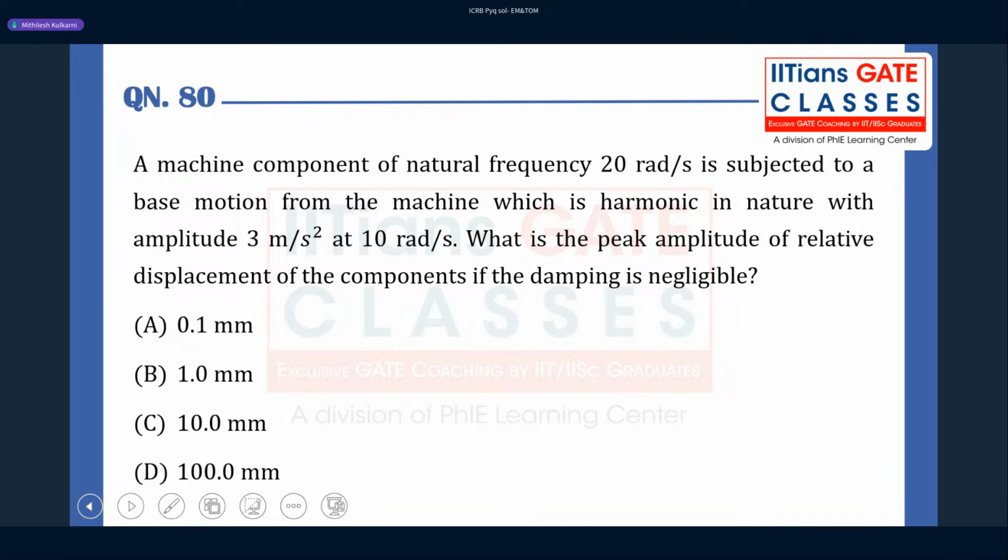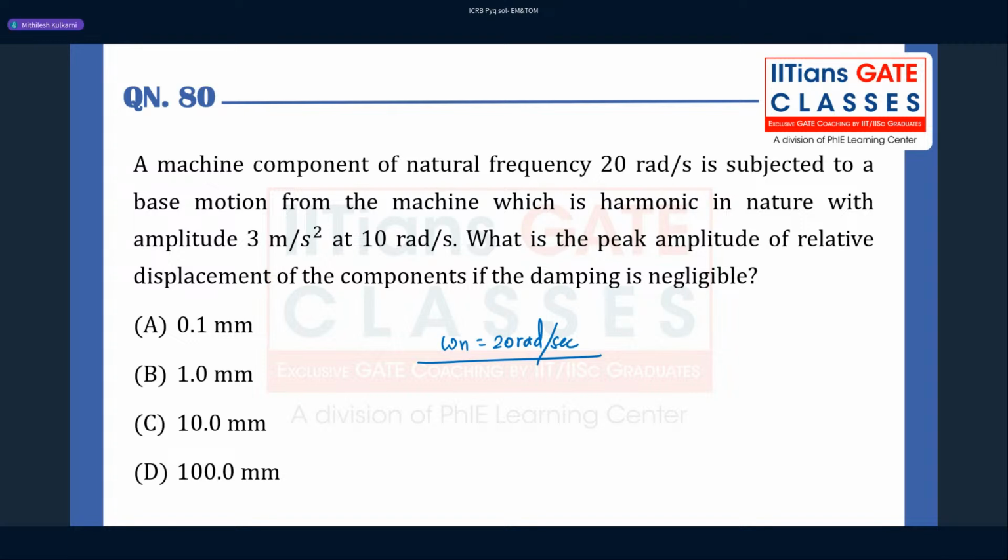Coming towards the next question. This question is again from the vibrations topic. A machine component of natural frequency 20 radian per second. Omega n is given 20 radian per second. And this is subjected to the base motion from the machine, which is harmonic in nature with amplitude 3 meter per second square.